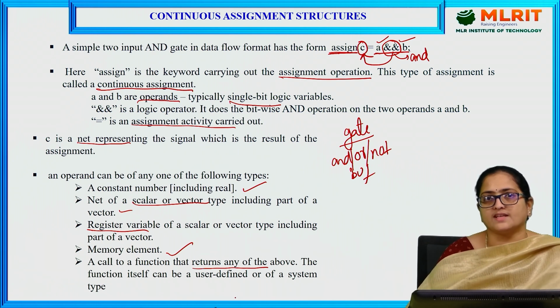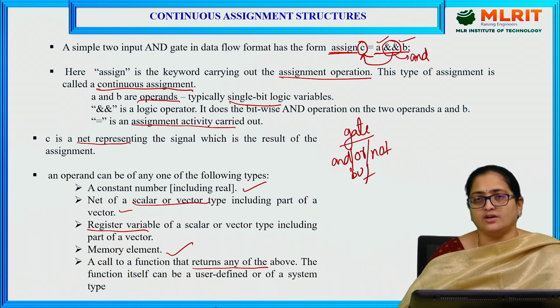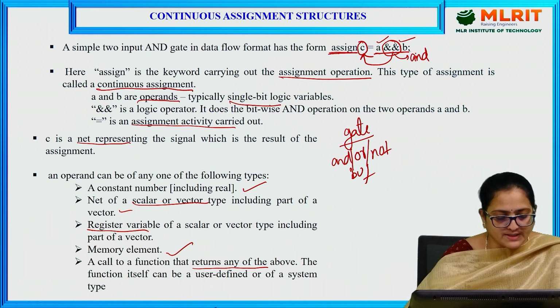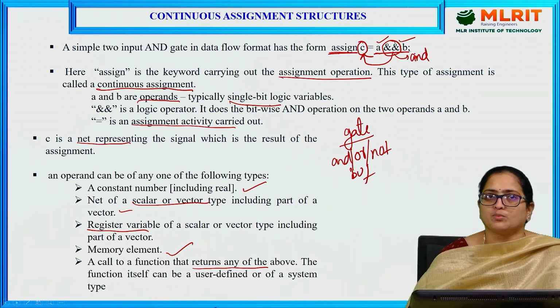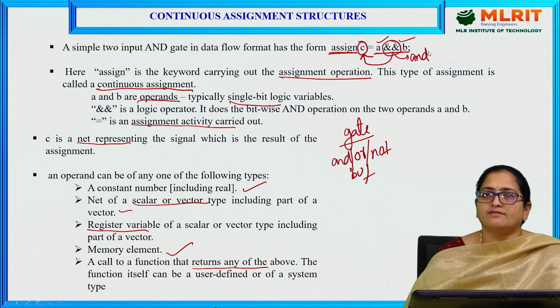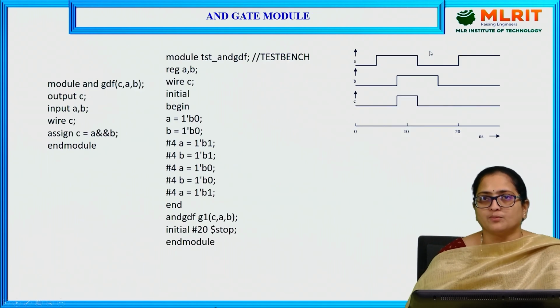The function itself can be user defined or of a system type. So, these operands may be constant numbers, scalars or vectors, registers representing a scalar or vector, memory elements, or a function that returns any of the above.